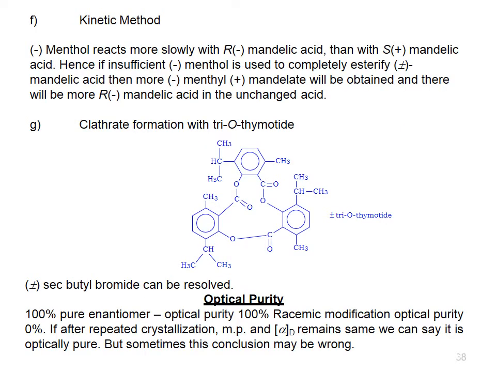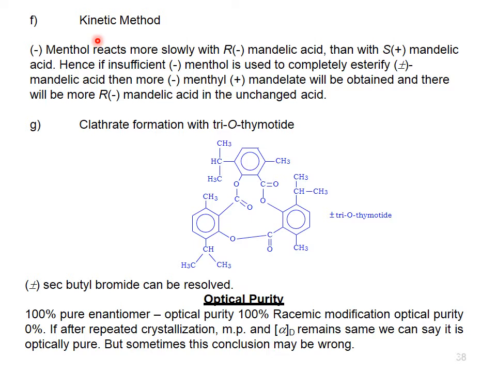Then there is the kinetic method. Kinetics, from the word you can understand easily, means the speed of reaction. Sometimes one compound has a greater speed of reaction. One enantiomer has a greater speed of reaction over the other enantiomer. For example, menthol reacts more slowly with R mandelic acid than with S plus mandelic acid.